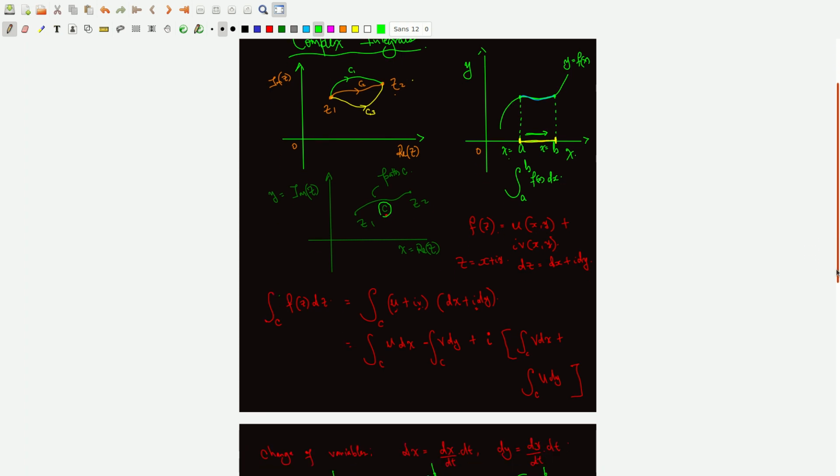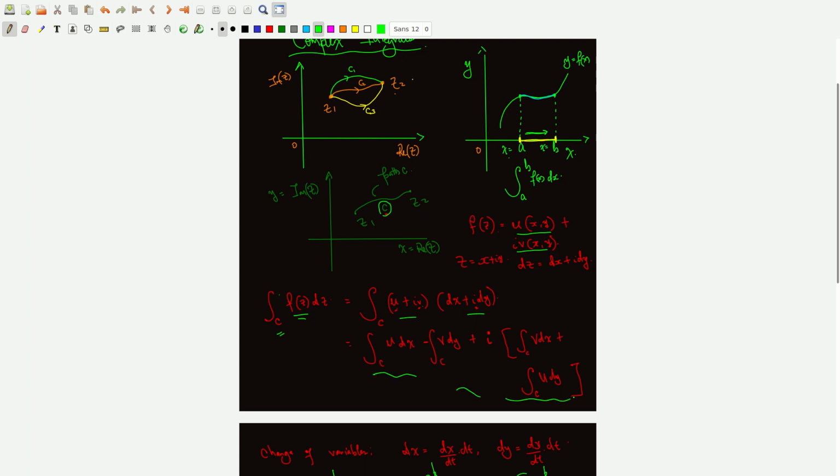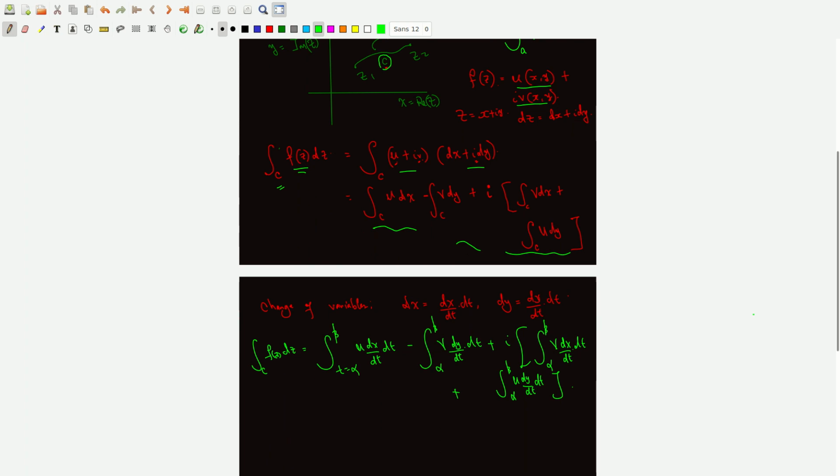So we can integrate over that path C our function f(z), which is made up of its real and imaginary parts, and then we can break up the integral as we have done here, and then we can also have a change of variables and simplify it to this form here.